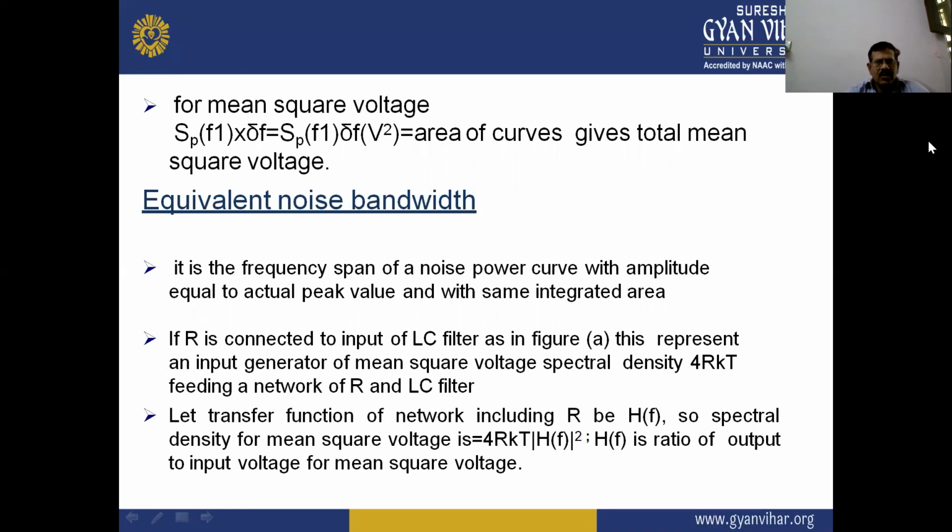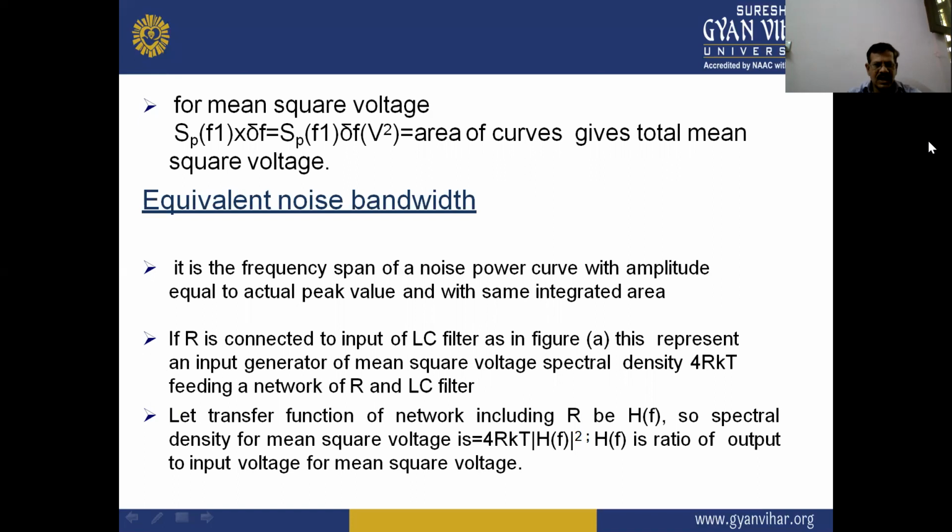The equivalent noise bandwidth is the frequency span of a noise power curve with amplitude equal to the actual peak value and with the same integrated area. If R is connected to the input of an LC filter as in figure A, this represents an input generator of mean square voltage spectral density 4kTR feeding a network of R and LC filter.